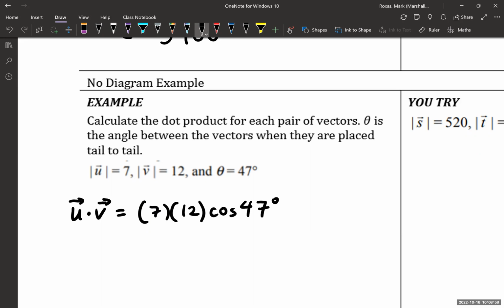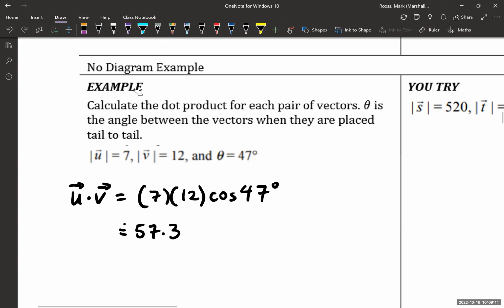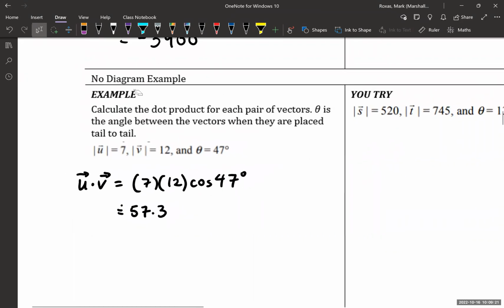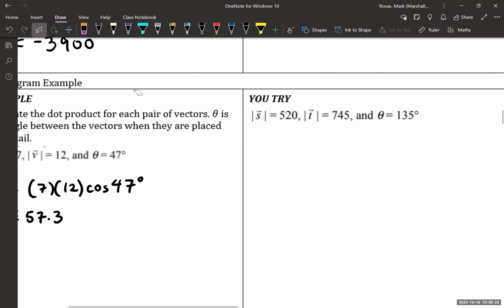So 7 times 12 times the cosine of 47, which is equal to 57.3, sorry, not degrees, 57.3. And that is rounded to the nearest tenth. That's as simple as that. Just take the formula, substitute and multiply. Okay, try the next one.